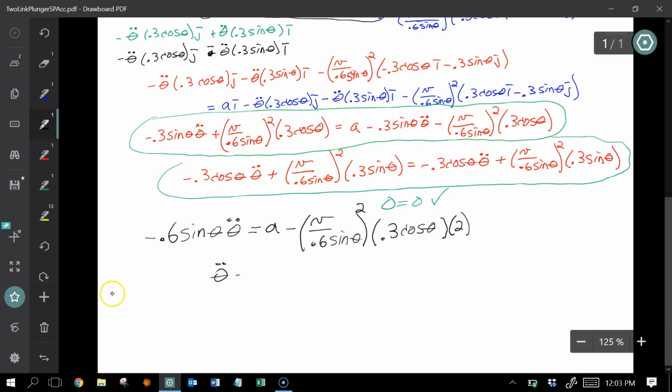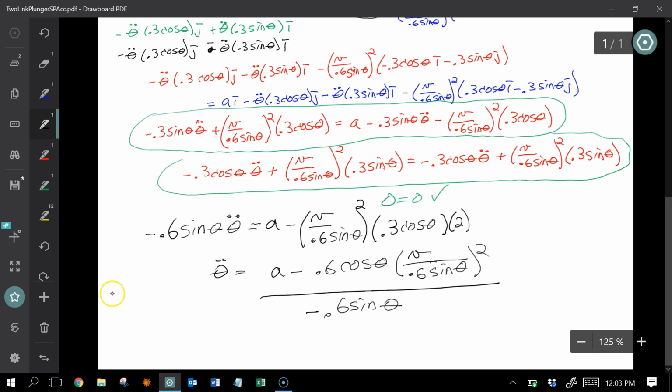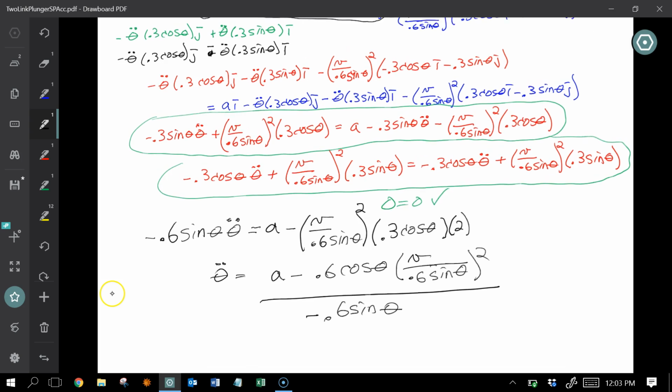Theta double dot equals a minus 0.6 cosine of theta times v over 0.6 sine of theta squared divided by a negative 0.6 sine theta. Okay, so there's your theta double dot. So that's it.